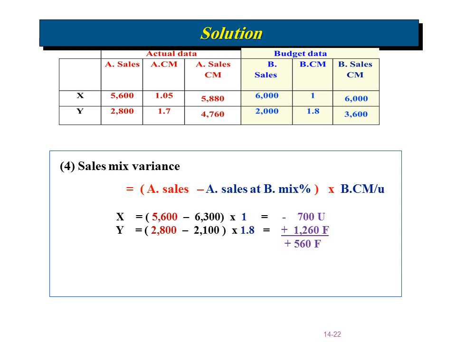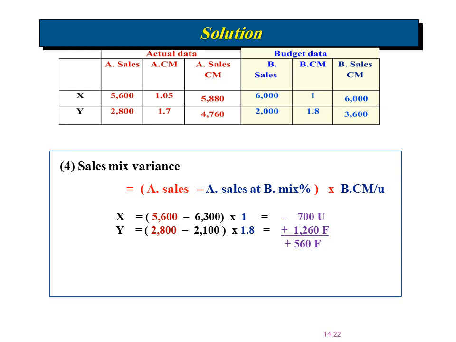For X, this is my actual sales minus, according to the budget mix percentage, times the budgeted contribution margin from my table, and also for Y. The total of mix variance here is positive 560, favorable.